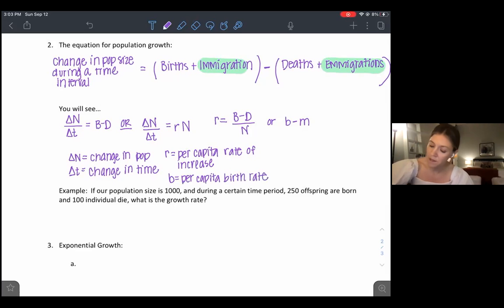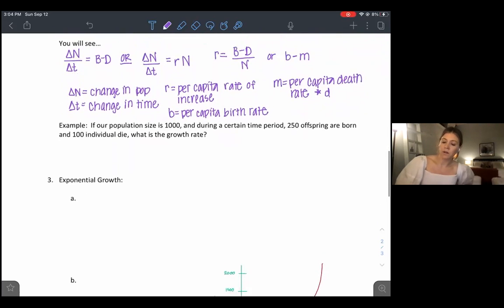And then that little m is going to be the per capita death rate or the mortality rate. And then depending on the resource that you look at, sometimes you'll actually see that m symbolized as a little d for death rate, okay?